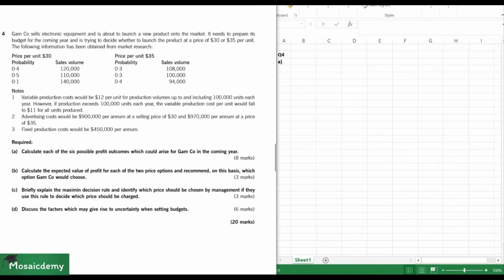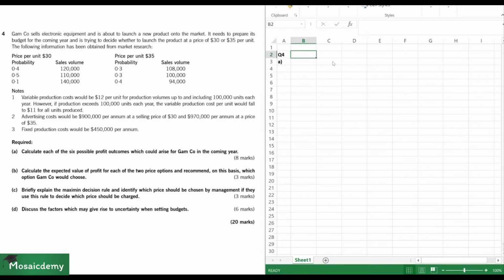So up to or including 100 units, the variable cost would be $12. For the remaining units, where it's exceeding 100 units, it'll be $11 per unit. Advertising cost would be $900,000 per annum for a selling price of $30 and $970,000 per annum for a price of $35. And fixed production cost would be $450,000 per annum.